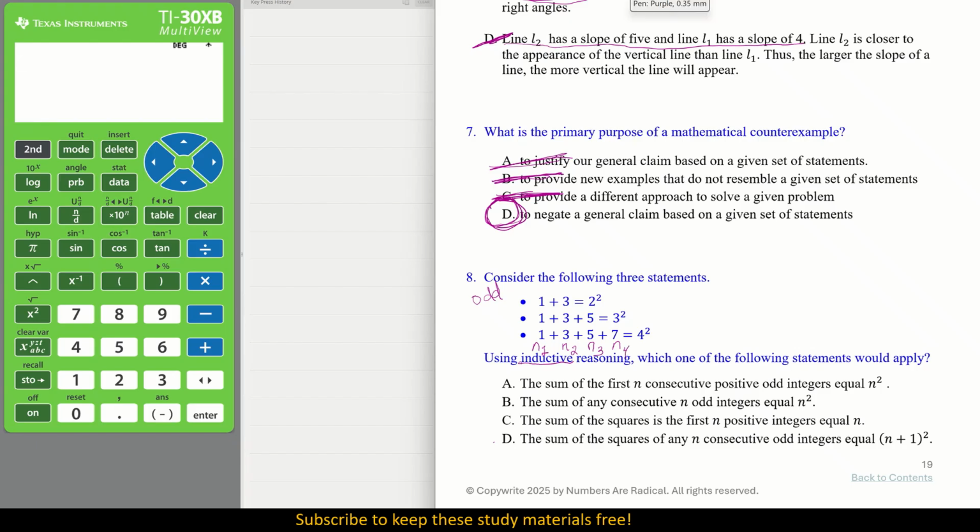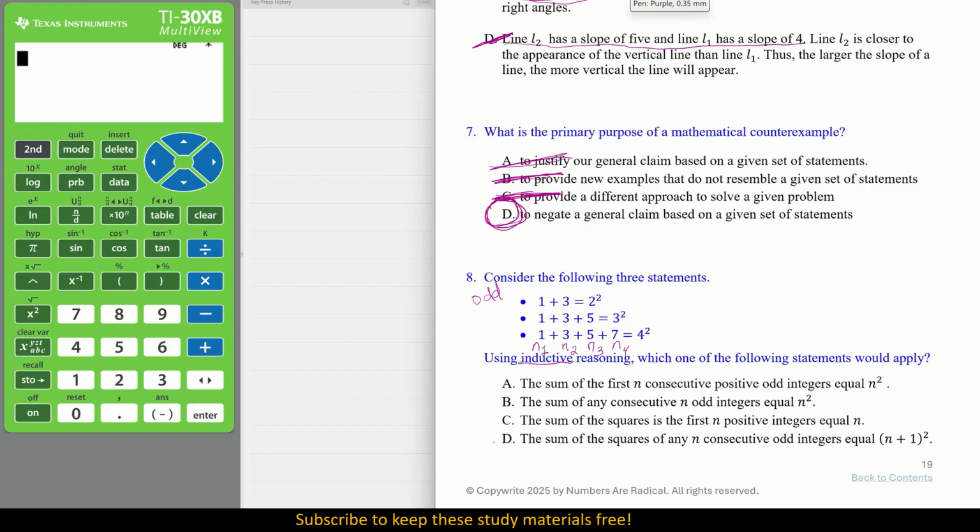So they all have a position. Position 1, 2, 3, 4, I have 4 positions. So that's 4 squared. The second one, it would be 1, 2, 3 positions and they're all odd numbers.